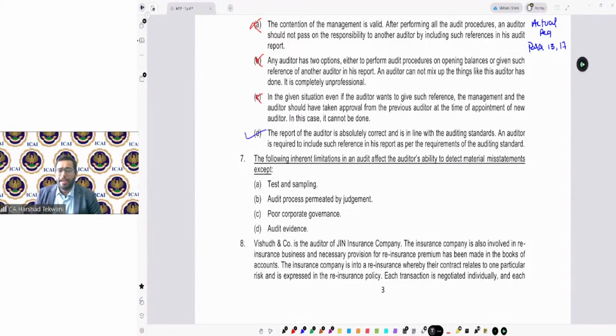The following inherent limitation in an audit affects the auditor's ability to detect the material misstatement, except. Now, if you want to answer such types of questions, first of all, start building a correlation. It will be very easy for you to answer the question. So there is something about an inherent limitation, plus something about audit and the auditor's ability.